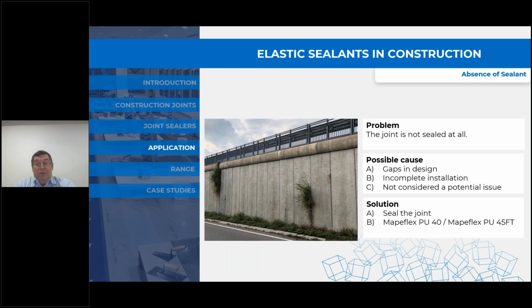It's quite common to see, particularly on roadsides, where trees and weeds grow out of gaps in the concrete. And I've seen cases where fig trees and things like that actually grow and cause some significant damage to infrastructure and road networks. So sealing avoids any growth occurring.